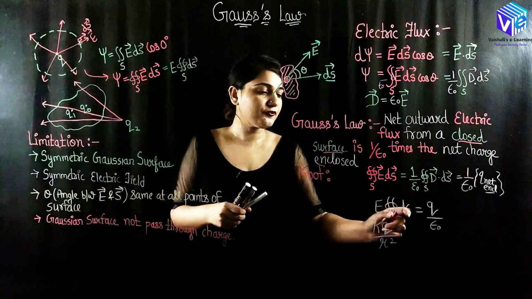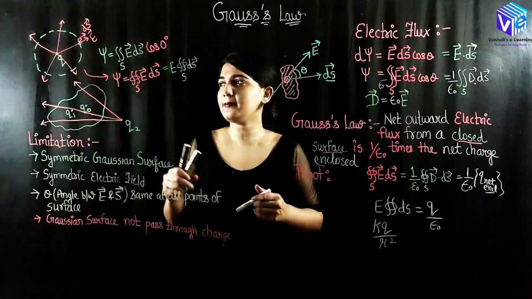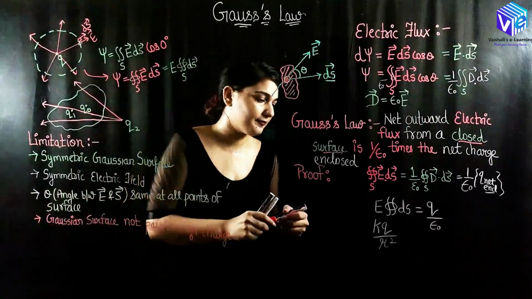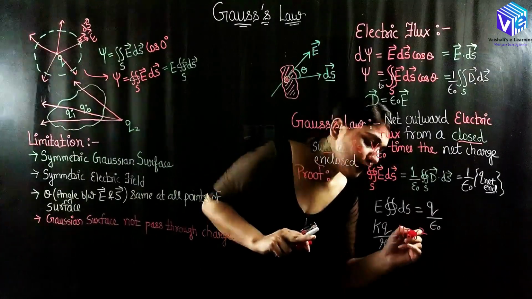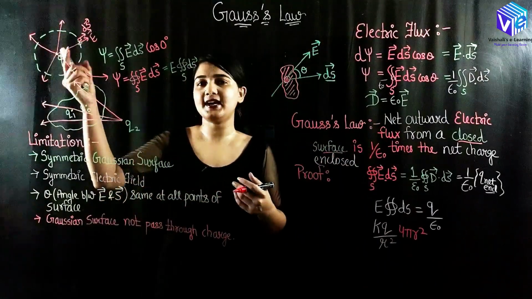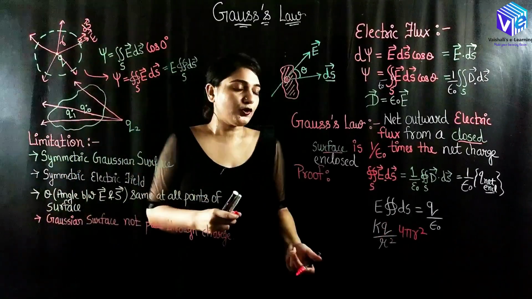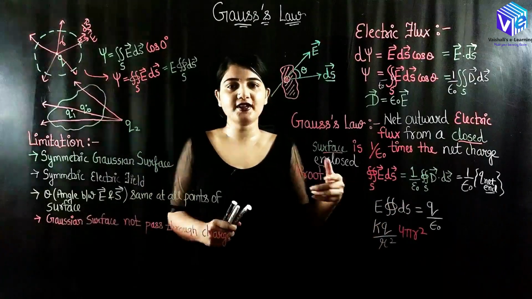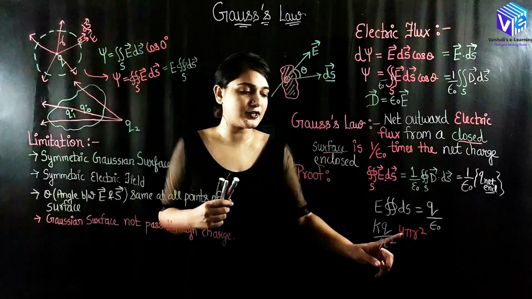Now we have to find the integration of dS. What will be the total surface area of a sphere? It will be 4 pi r square. Let's suppose the radius is r. Since we are taking the closed surface, the surface area of the sphere will be 4 pi r square.